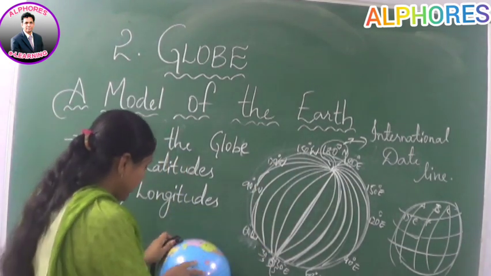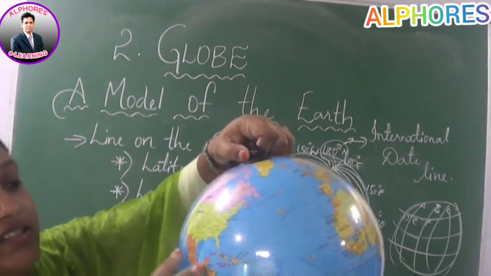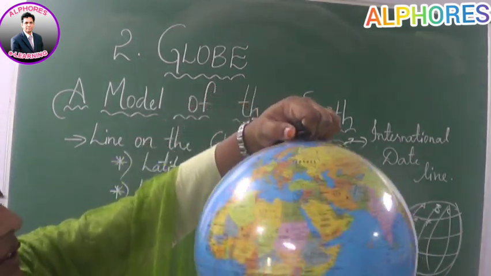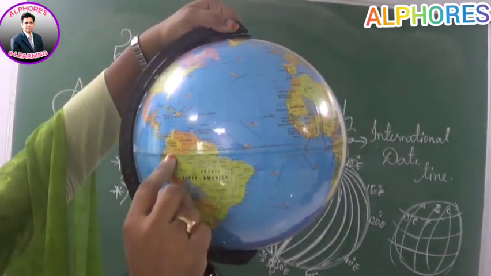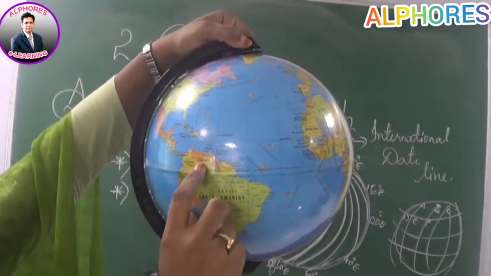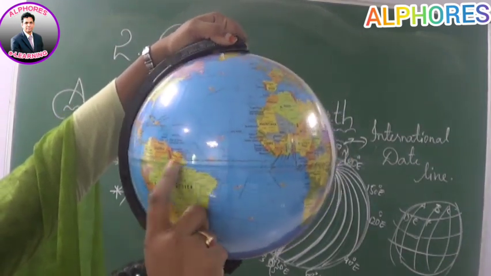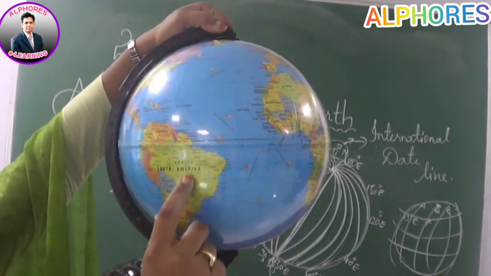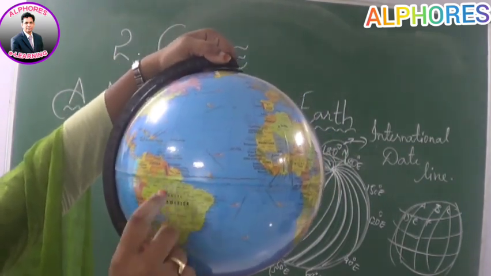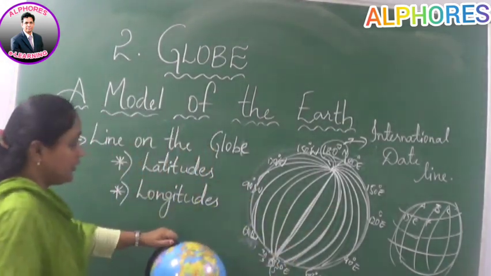In the same way, if you observe this box, I'll show you an area. In South America, you can see a box where the countries Colombia and Venezuela are, and here also one box where Brazil is located. So it is very easy for us to locate areas with the help of a grid box.